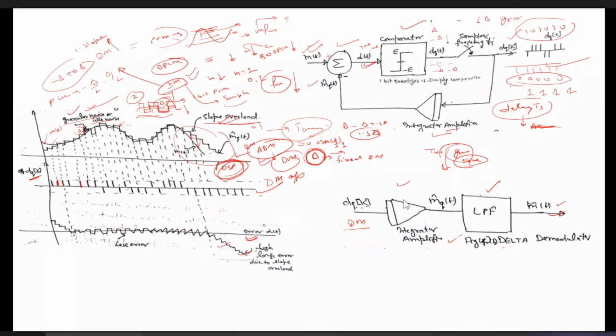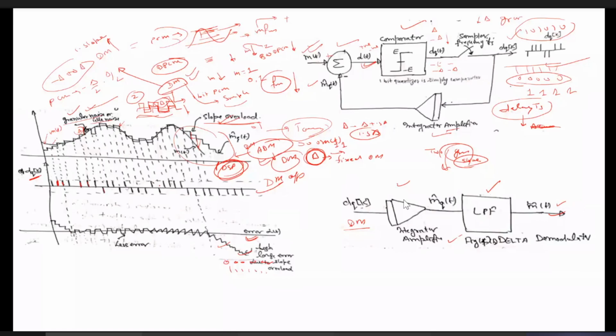Here, this error maybe positive somewhere, maybe negative somewhere, because this staircase function is following very nicely. And in the case of slope overload, our error will remain negative. Because of that only, we will be getting a sequence of zeros, 0 0 0 0, or a sequence of ones. So this is because of the slope overload.